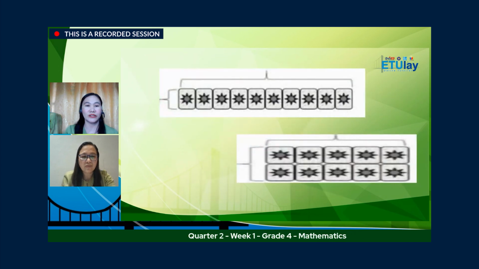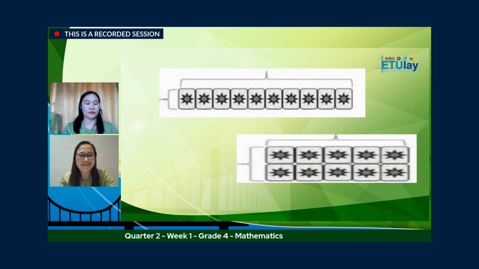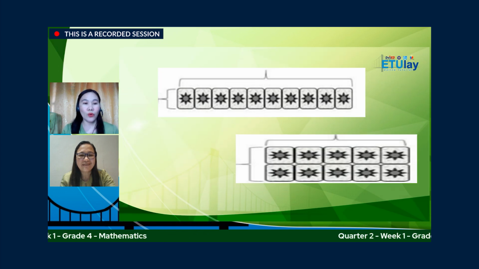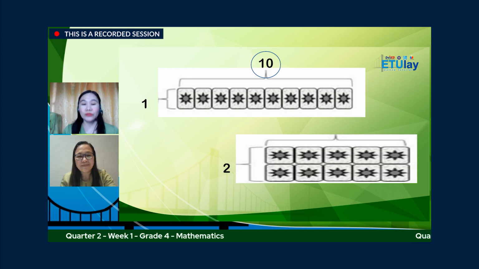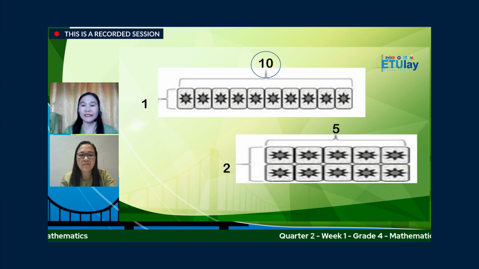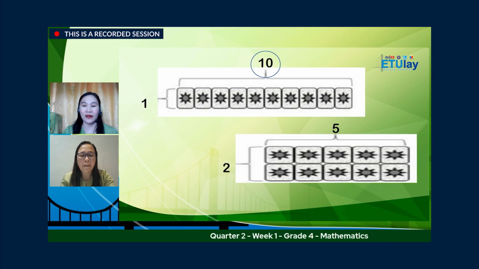Another illustration. On the third picture, it shows 1 row of how many cards? There are 10 cards. And the last picture shows 2 rows of how many cards in each row? Yes, there are 5 cards.